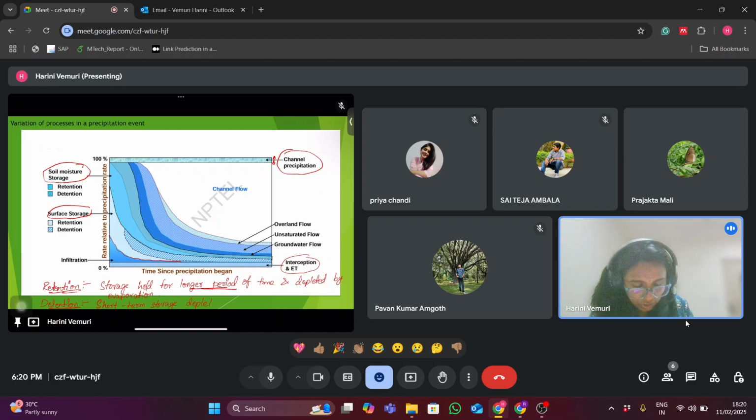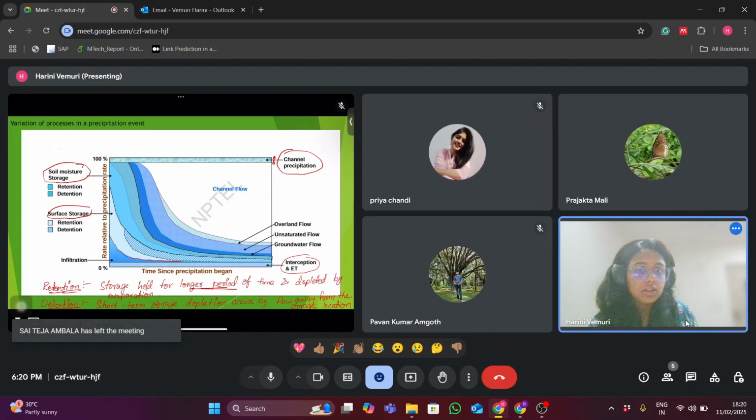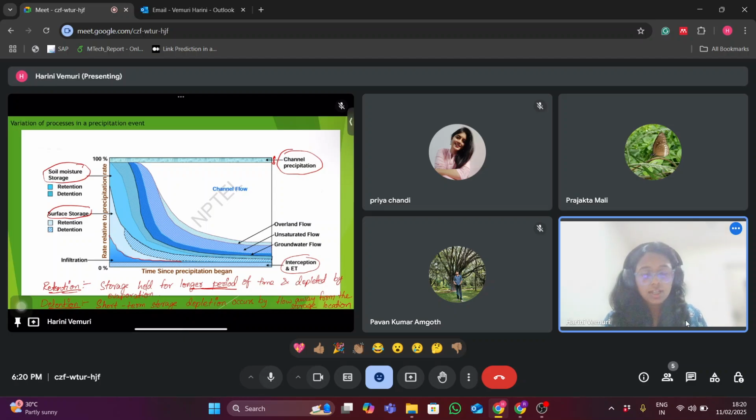In the case of short-term storage, the depletion occurs by flow away from the storage location. Okay. Is this clear? What is retention and detention? In surface storage, whenever there are depressions, a lake is an example of a depression.